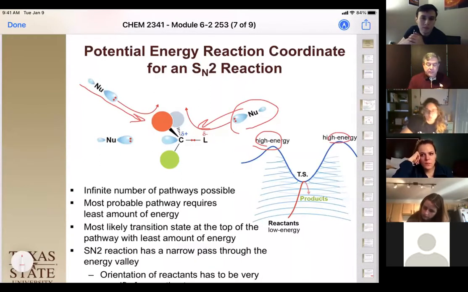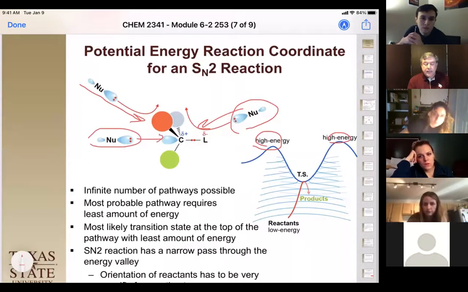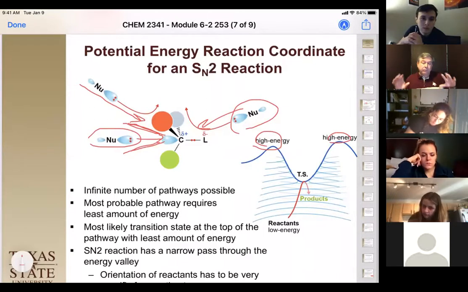Okay. But let's say you have a nucleophile with enough energy and in the correct orientation, and it's in this small window of opportunity where the sterics allow it to come in, overcome that electron-electron repulsion, and start forming that new bond. Once it starts forming that new bond, the other bond will break and you go to products. And so we're taking the lowest energy path.